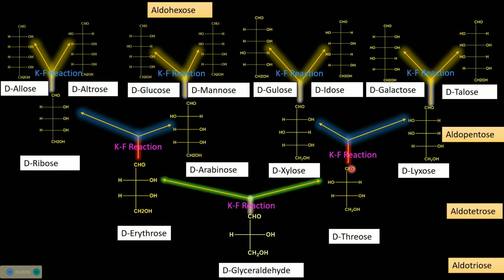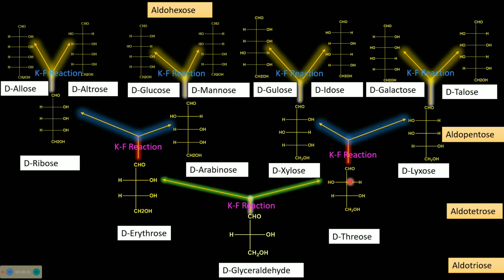Here there are 4 carbons, means upon Kiliani-Fischer reaction, higher homologue means 1 carbon elongation. So there should be 5 carbons. So CH2OH, 1 OH right, 1 OH left. CH2OH, 1 OH right, 1 OH left.